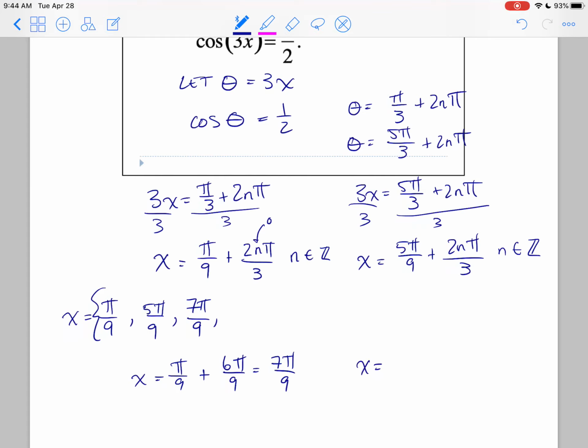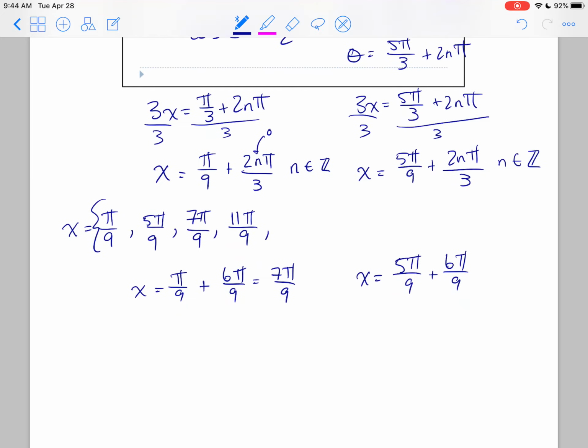Let's plug n equals 1 into this one. We have 5 pi over 9 plus that 2 pi over 3, which is 6 pi over 9. And that gives me 11 pi over 9, which is slightly bigger than pi. So this was n equals 1. This was n equals 0, or these two.